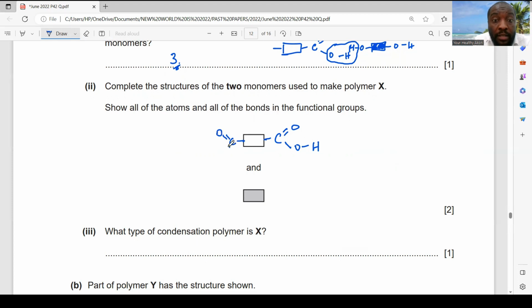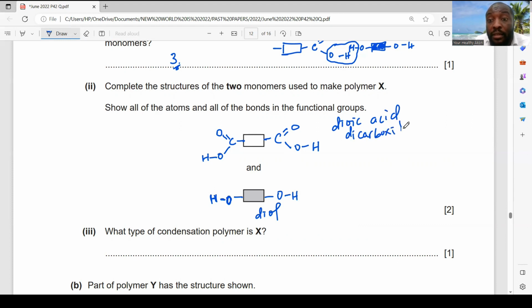So a dioic acid, and this other one is a diol. So this is diol, and this is dioic acid. You can call it a dioic acid or a dicarboxylic acid. That's dicarboxylic acid.